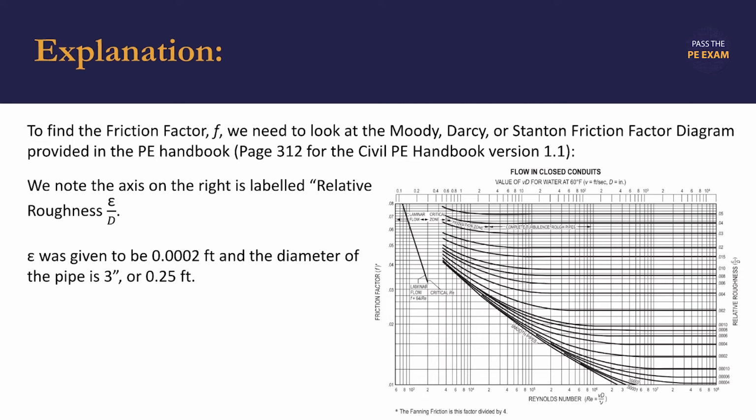So to find the relative roughness, we take the quotient of the two, and we find that to be 0.0008.